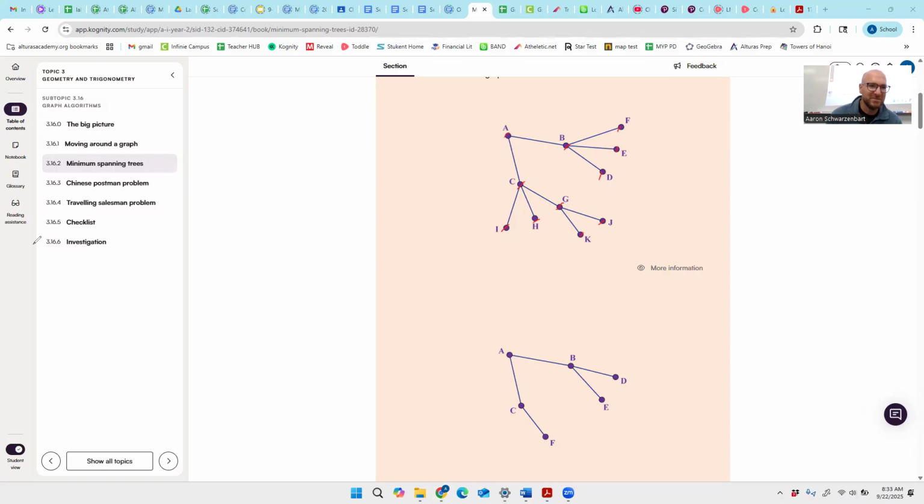And edges, we should get 10. 1, 2, 3, 4, 5, 6, 7, 8, 9, 10. There's an incoming edge for every one except for the point of the tree, A. So edges is vertices minus one.